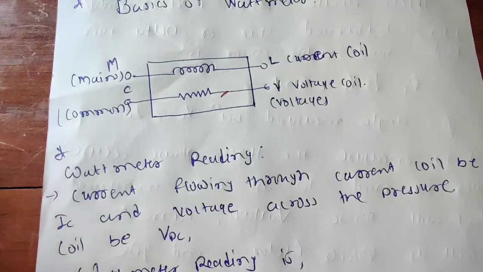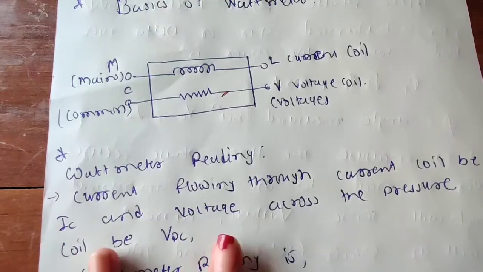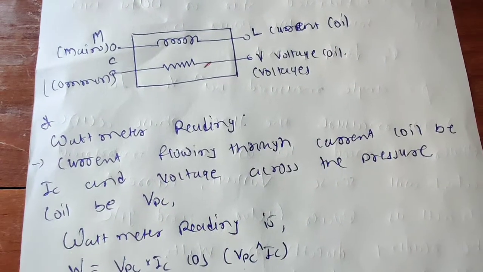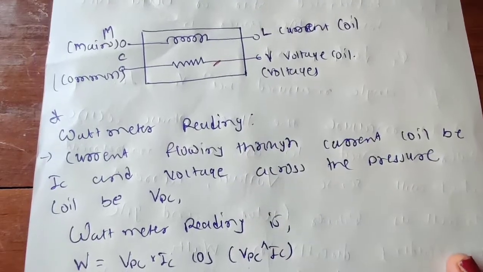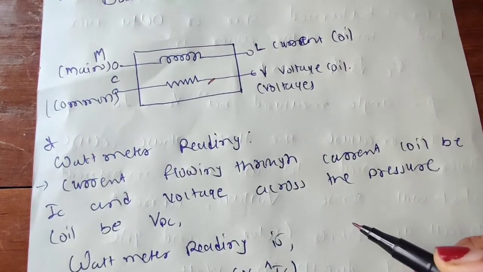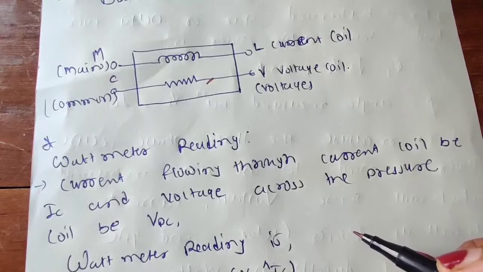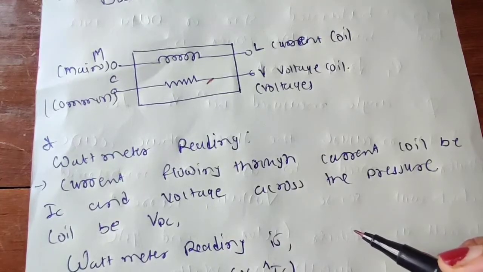Now, what do you need to consider for the wattmeter reading? We know that the total power is equal to root 3 VL IL cos phi.